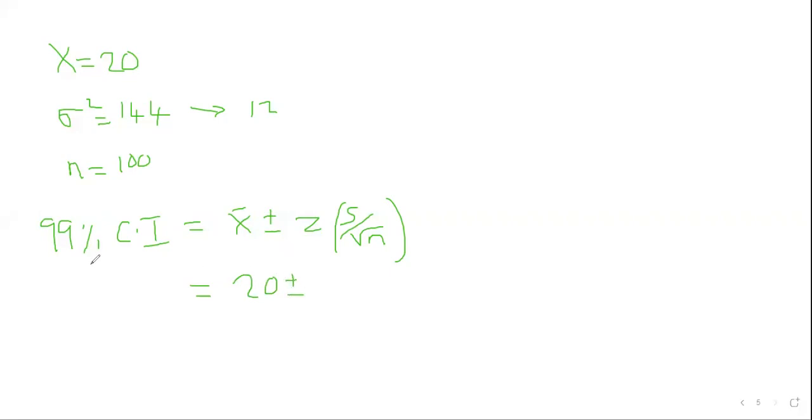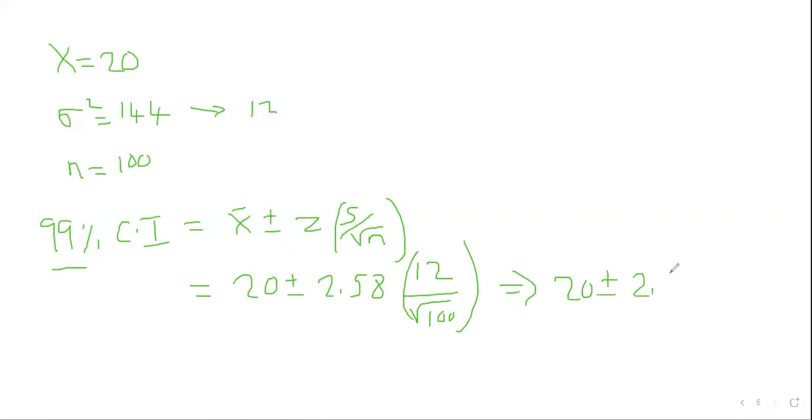And the z, from our table, what is the z at 99%? 2.58. The square root of 100. Right, so here we're going to write 20 plus or minus 2.58, and here we're going to multiply 1.2. So what do we get here? 20 plus minus what?